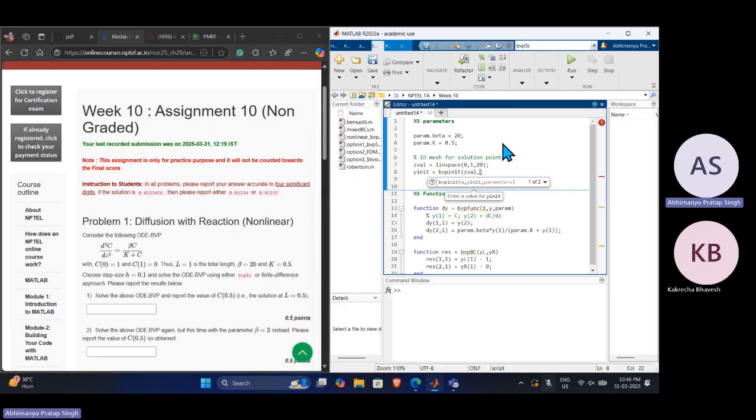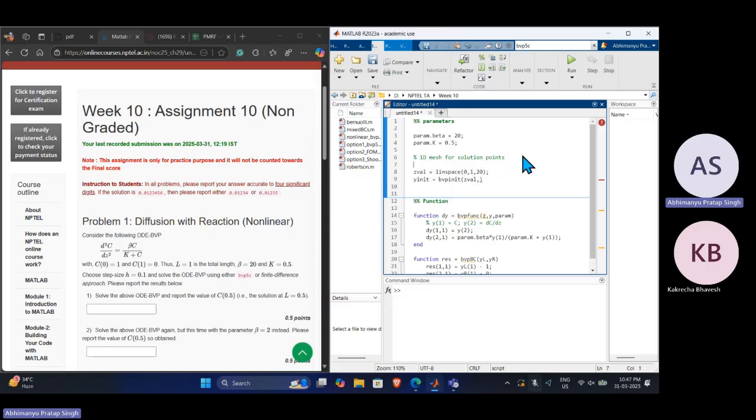I think okay, they have not given the values, but they have given us the h value, right? So I will change this z then, because they have given us the h value, which is 0.1. So I will make this 0 to 1 with step h.